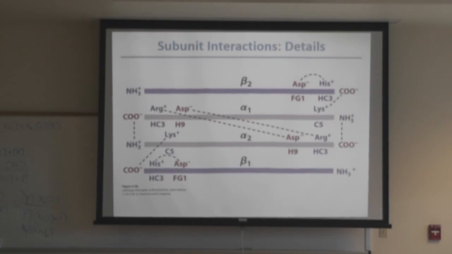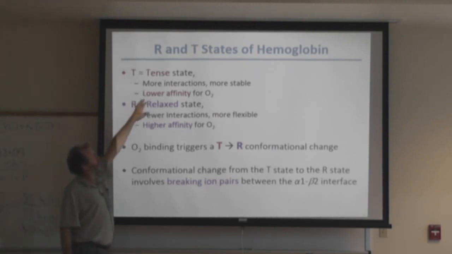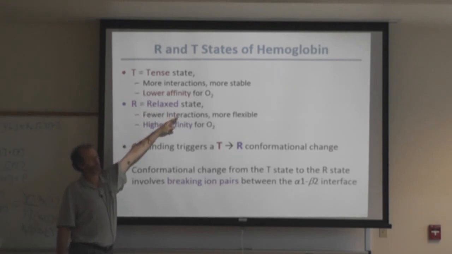And when we're talking about allosterism, typically there's this model where the protein can be in what's known as a tense state, or the T state, or the relaxed state, or the R state. The tense state has more interactions, it's more stable, and it has a lower affinity for oxygen.